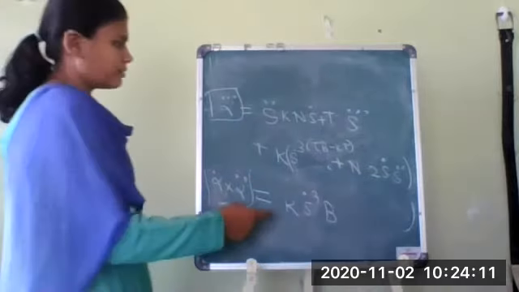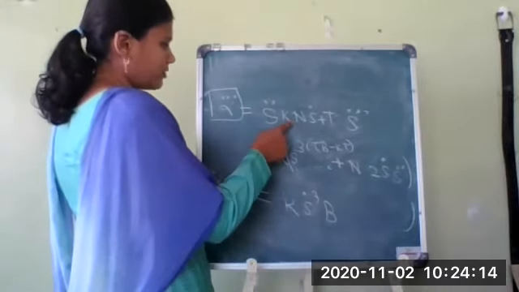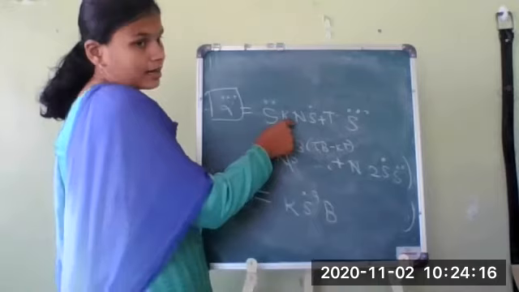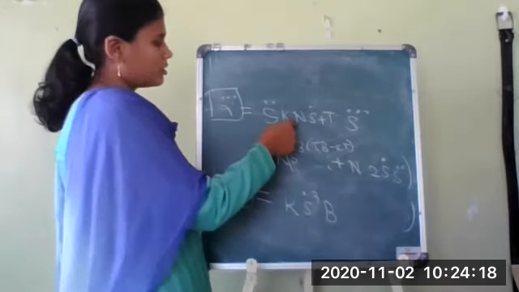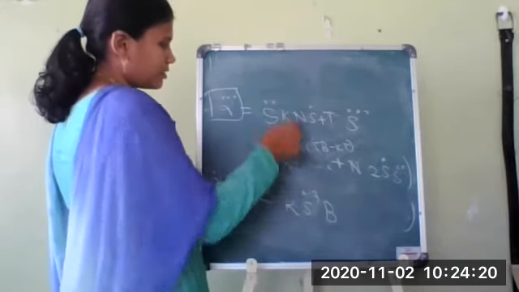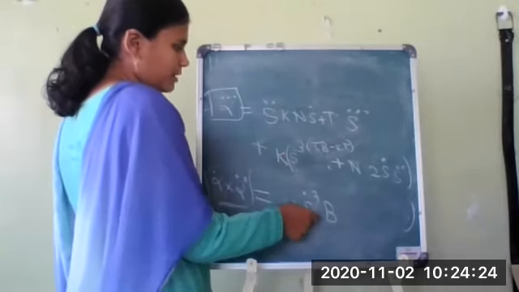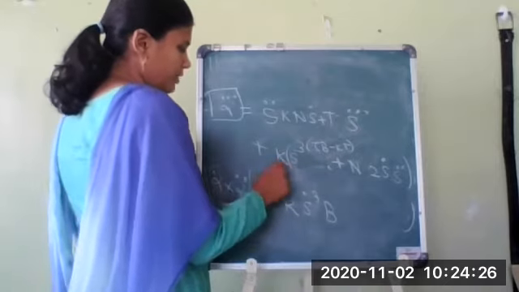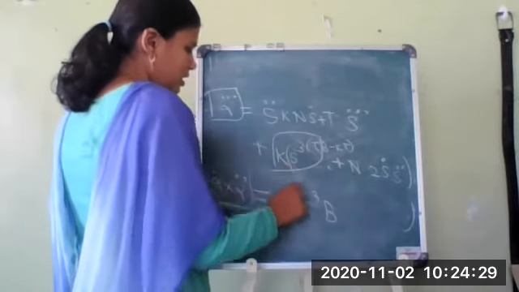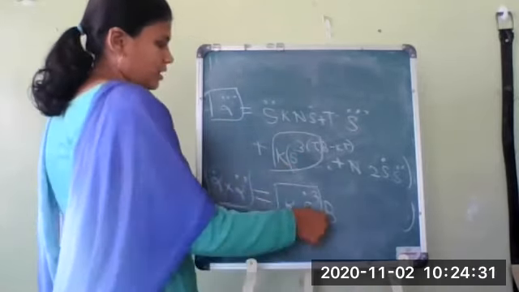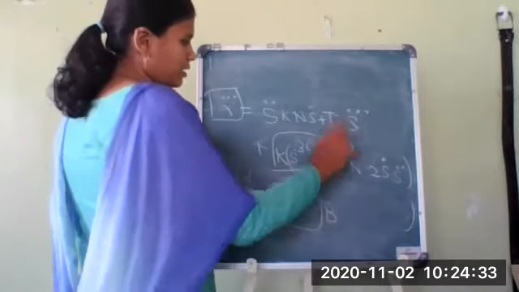Now let me perform this. B dot product with N: T, N, B are all mutually orthogonal, so the product of these two will be 0. B dot T with this will also be 0. Here B dot B will be 1, so we remain with only one expression. Again B dot T will be 0, B dot N will be 0.